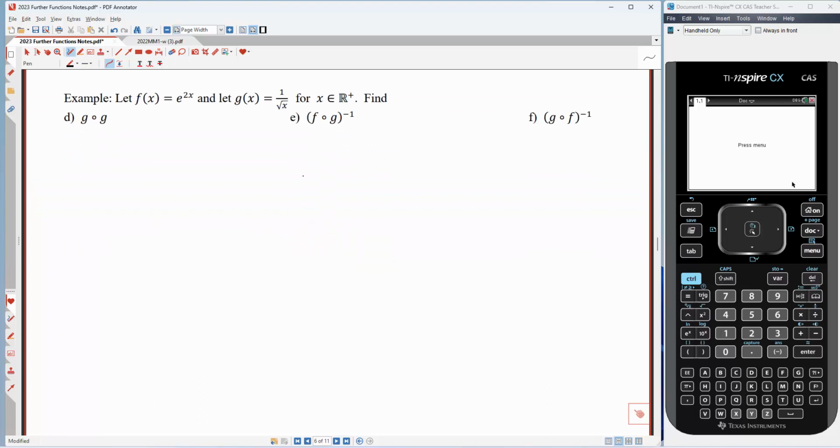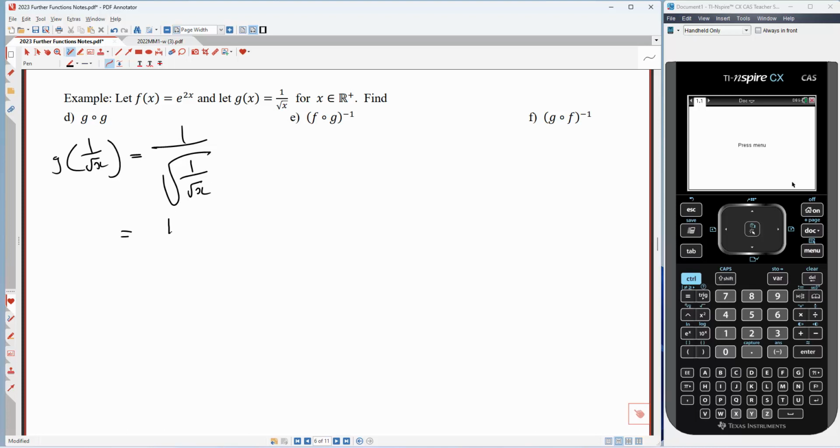g of g. So that's g of 1 over root x, which is 1 over root x. Is that right? That'll do.